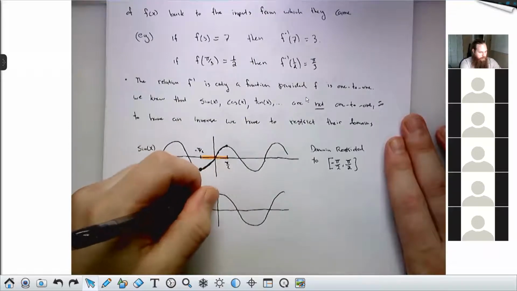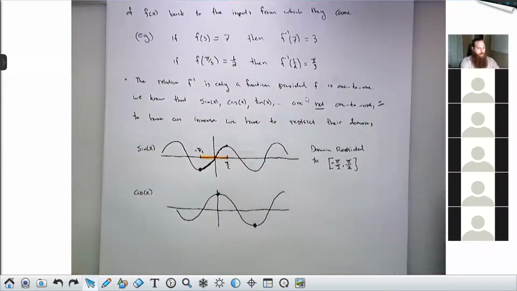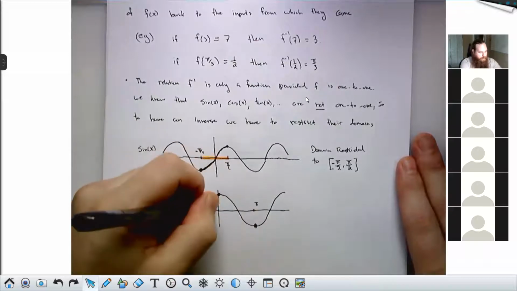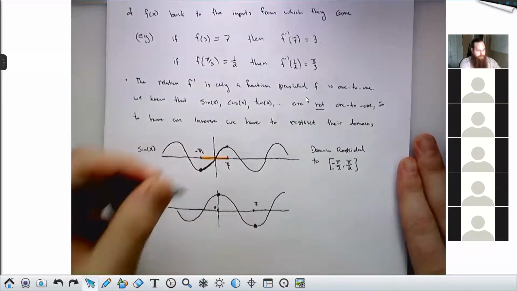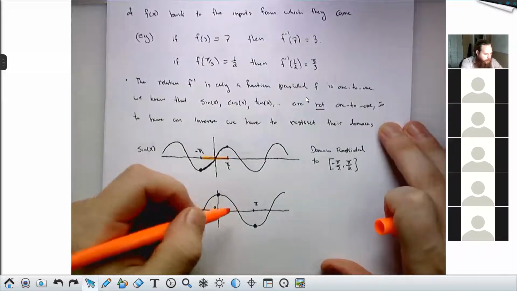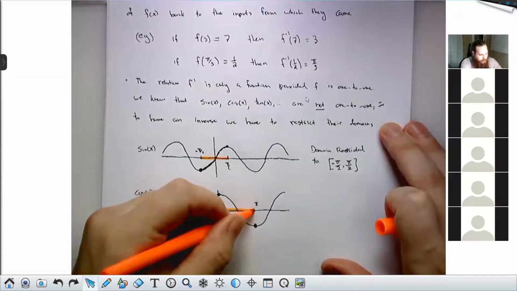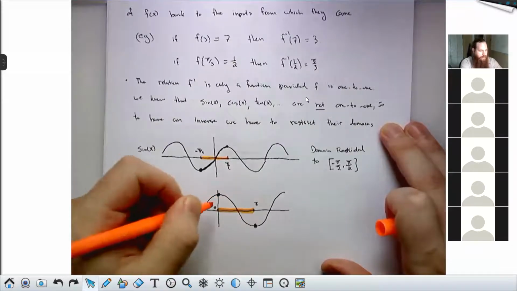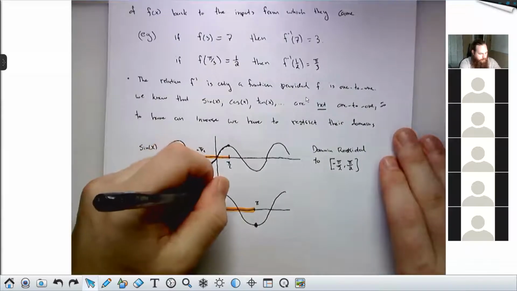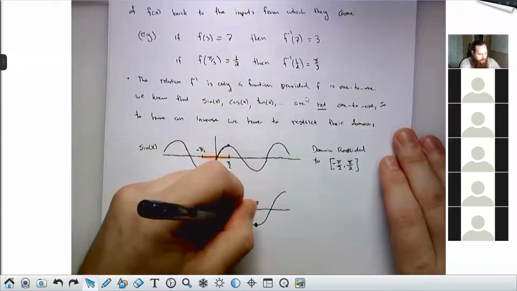If I restrict it from 0 to pi, it will be 1-to-1. There are other choices we could have made, but these are the canonical choices. So if we focus just on that interval, the cosine function is 1-to-1 there.